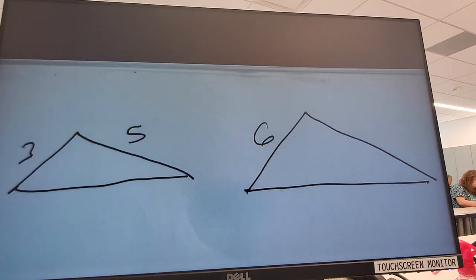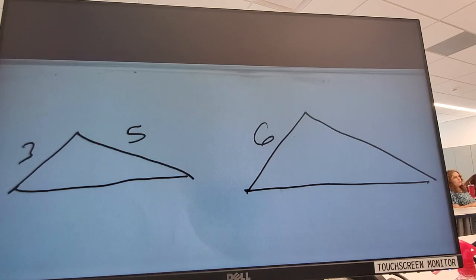What do you guys think must be true about that side in the second triangle? This is related to what you just said, right? 10, yes.